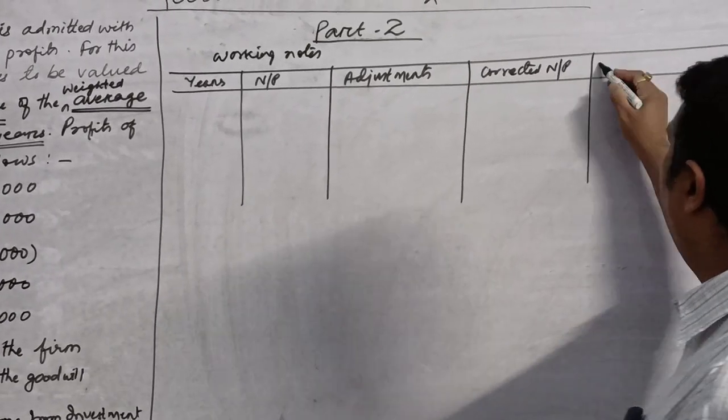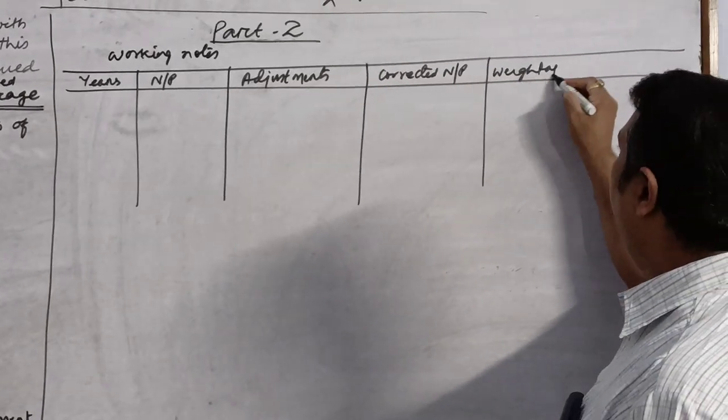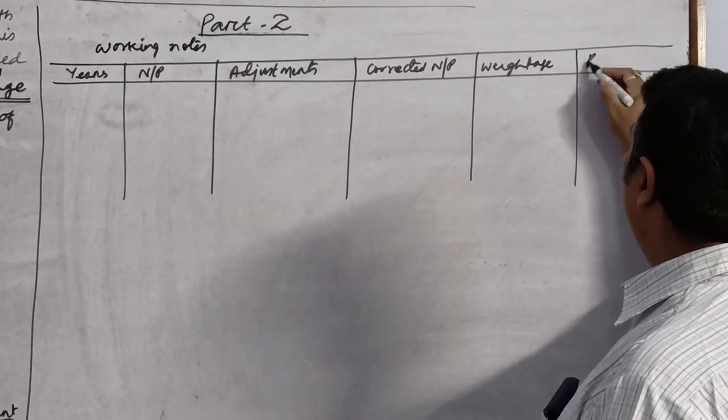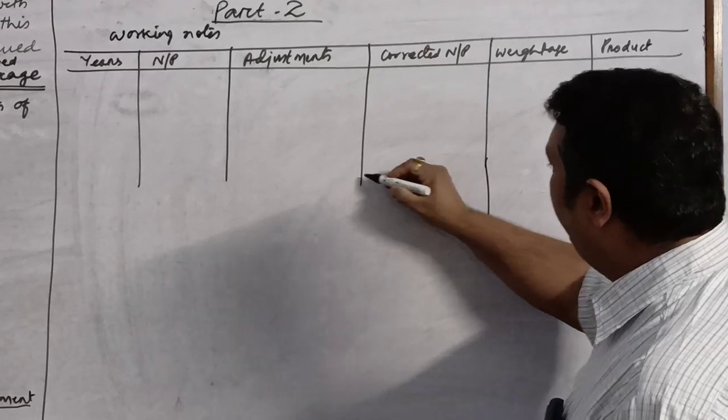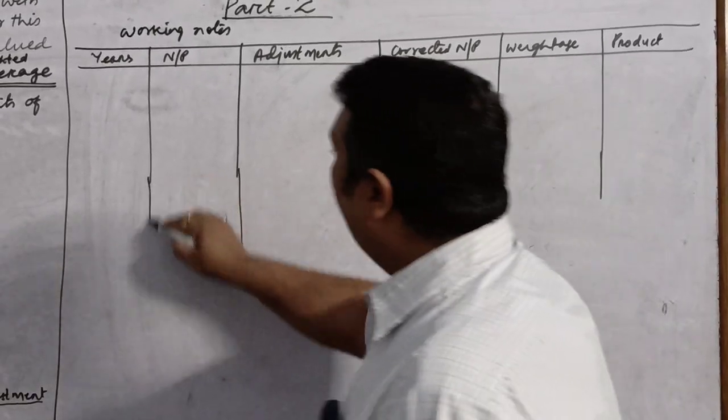After the corrected net profit, you are supposed to give the weightage, and then you will find out the product. So these are the columns which you are supposed to fill in first, and after that we'll move ahead.